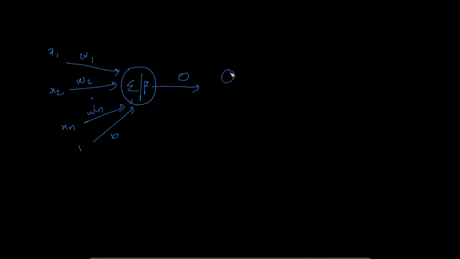So output is equal to the function applied over the sum from i equal to 1 to n of Wi Xi plus B. This is the output of a neuron.